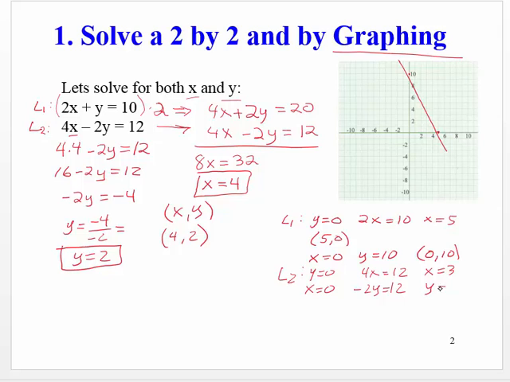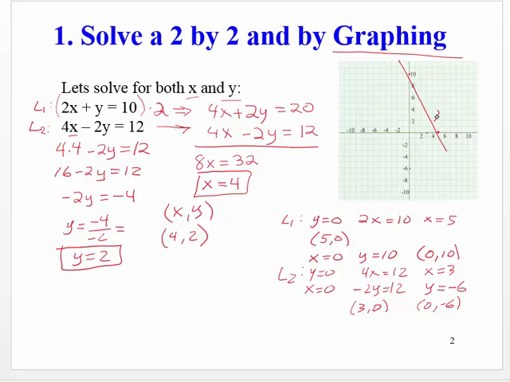And we get y is equal to 12 divided by minus 2, minus 6. So we have the points 0, minus 6, and the point 3 comma 0 from here. So we can plot those. 3 comma 0 is right here. And 0 comma minus 6 is right here.